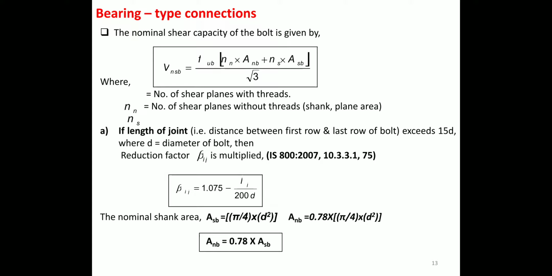Then what are the different design steps required to check shearing?